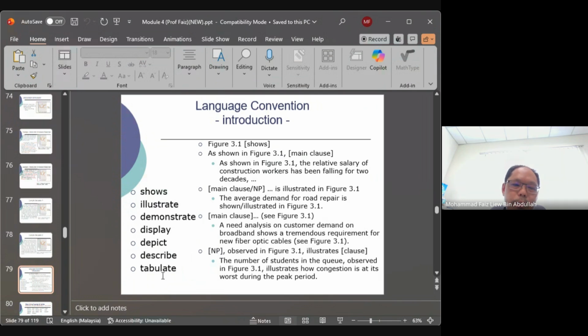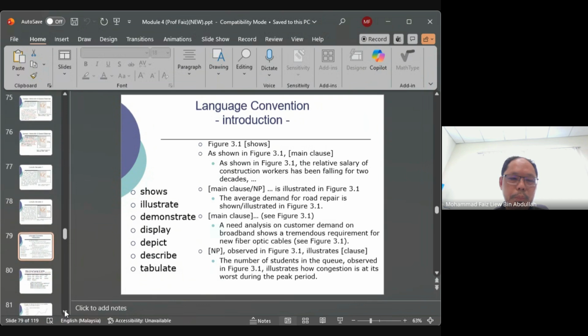But usually some simple words are like describe; for tables, usually tabulate, the table below tabulates. All the references refer to this system and everything. So remember these few words that I've shown here. These are the famous words that, when people read them, look nice in a good thesis being written.